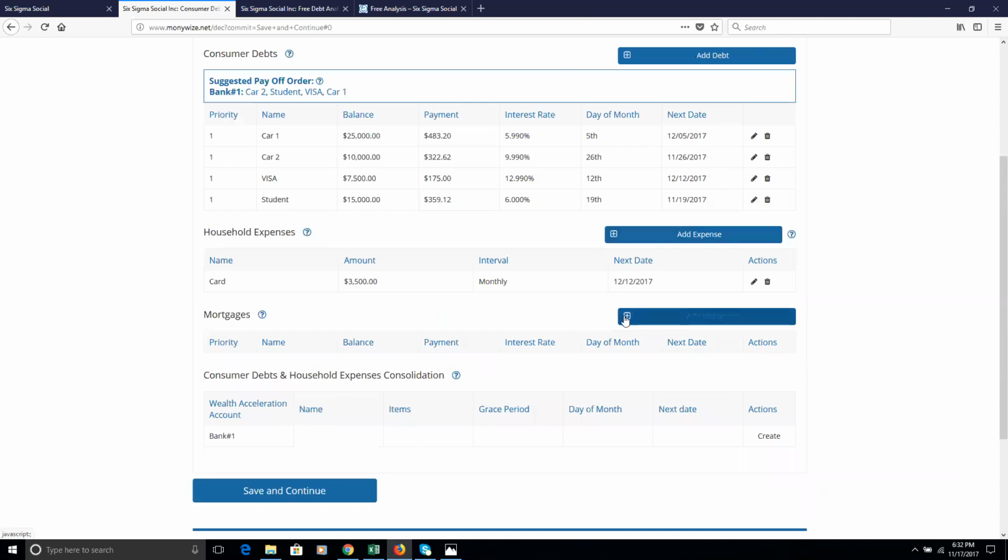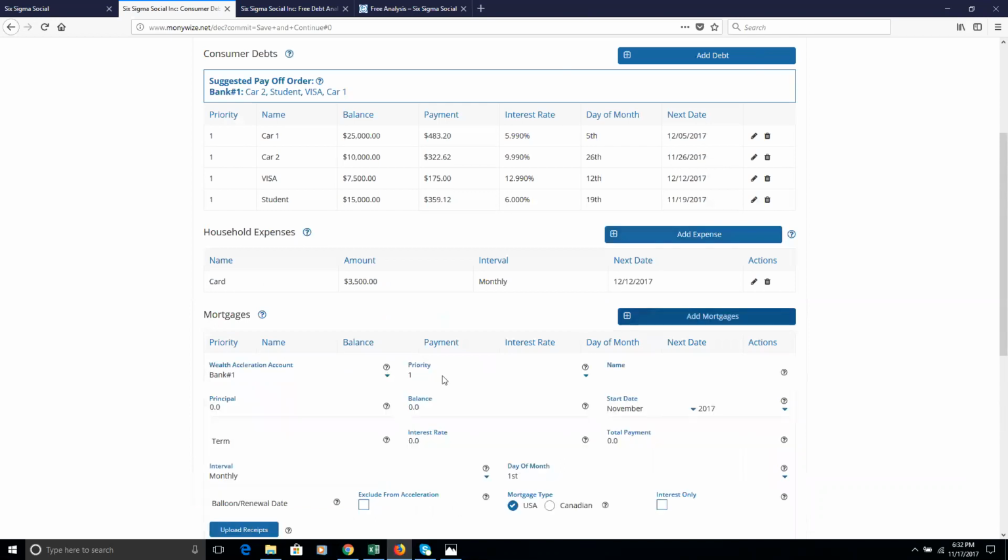Now let's give them a mortgage as well. This is their house. So I'm going to say that's house. Now again, you can put bank names in if you want to, but from a security perspective, let's say there was a jeopardy or a compromise situation where information was available, and we know that at the end of the day, nobody's hacker proof. Correct.